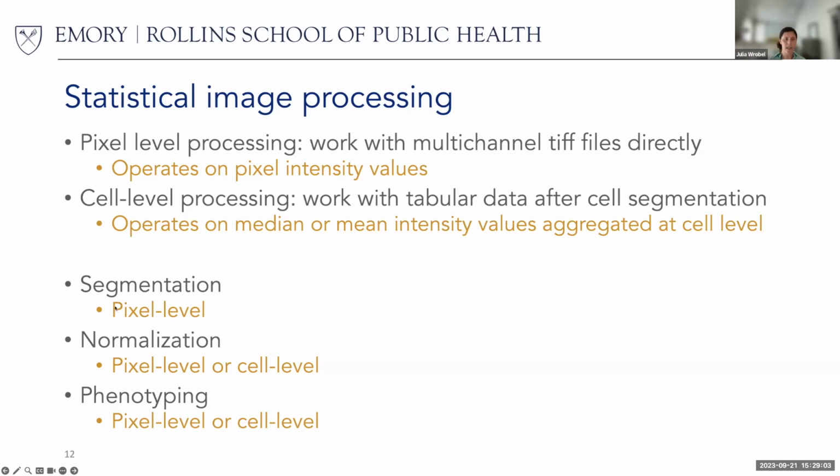So for cell segmentation, you have to operate at the pixel level, but for normalization or phenotyping, which I'm going to talk about after that, you can operate at the pixel or the cell level. I typically operate at the cell level, so that's what I'm going to talk about. But anything I talk about, you could think of applying at the pixel level as well.